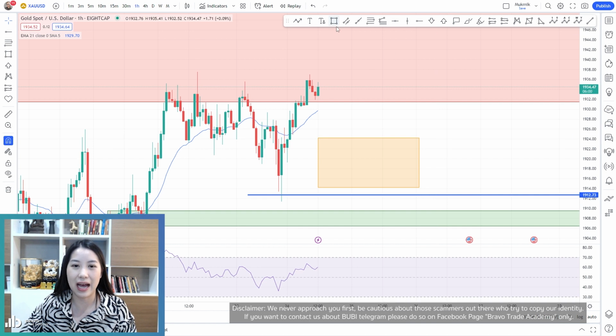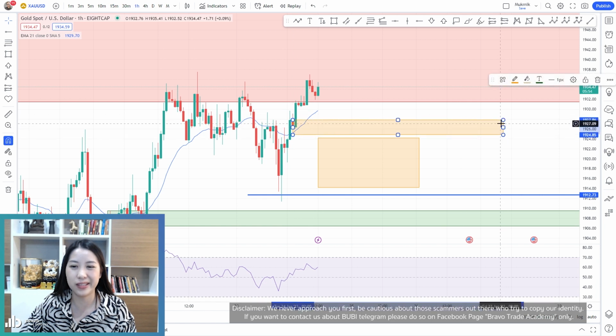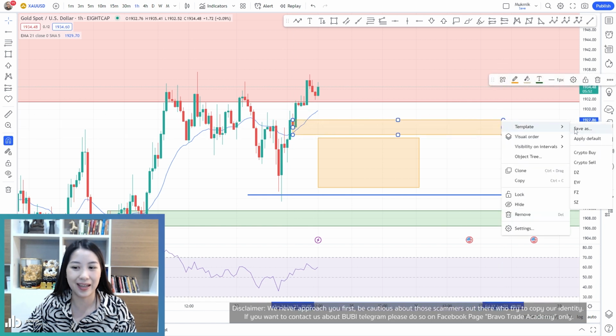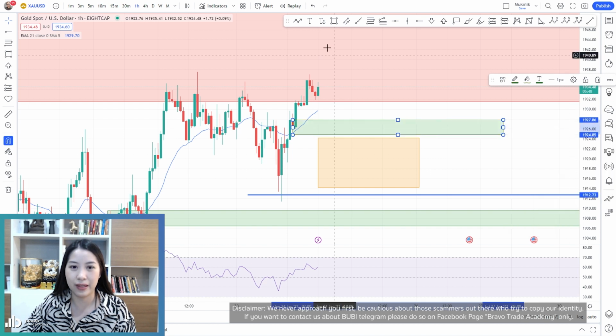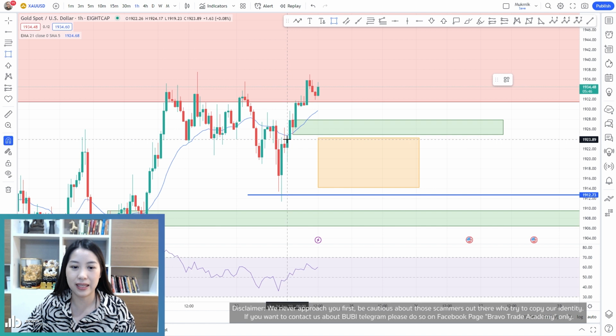Let's see if we have our demand zone. We have this one demand zone. Okay, but this demand zone is not that pretty considering the Fibonacci retracement that it might come back. Okay, I'd say this one is a lot better.